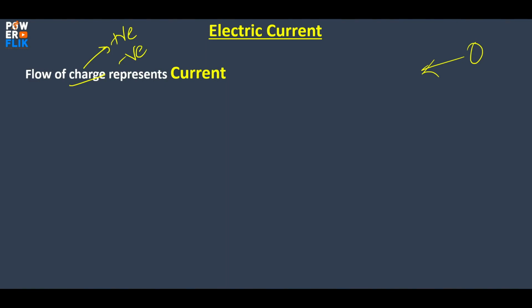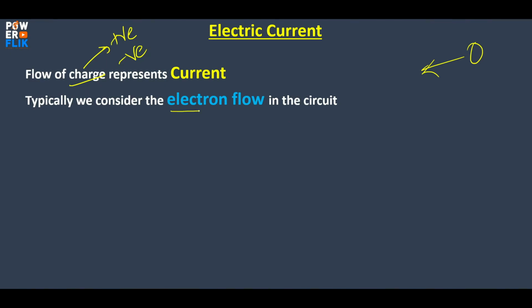Which charge should be considered? Usually both will be considered, but in electric circuits, we mainly focus on the flow of electrons. So typically we consider the electron flow in the circuit as current. How much electron flow is happening will give you the magnitude of the current.